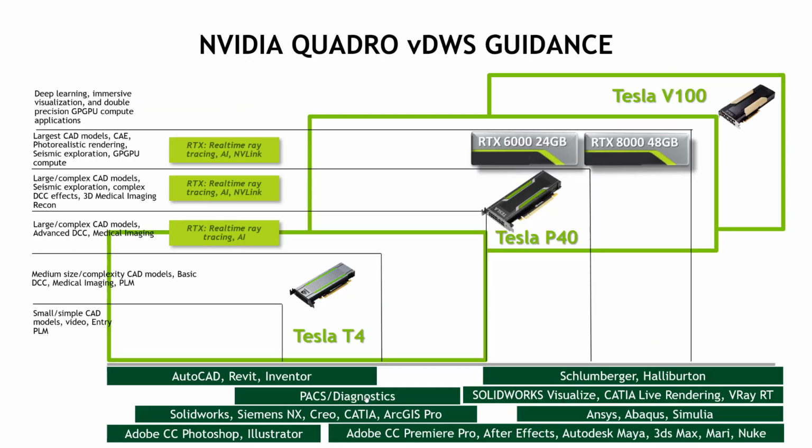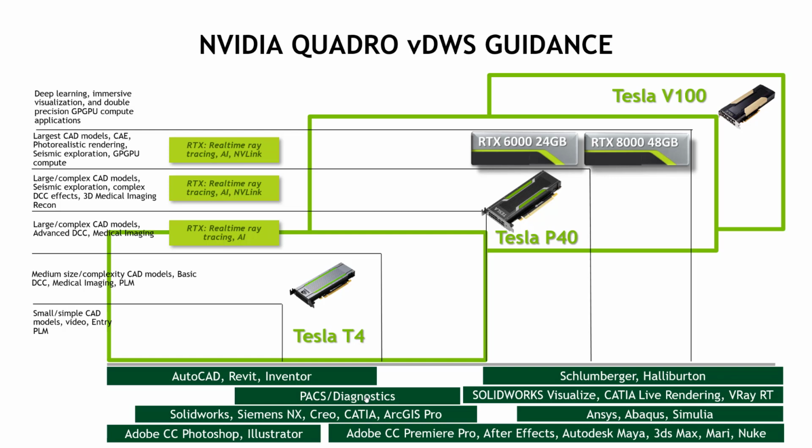Okay, so if your users are graphics professionals and provide graphics for a living, then here's a quick ready reckoner to give you an idea of which is the right card for you. If you're using some standard applications like AutoCAD or Revit, the T4 is a really good area for you.